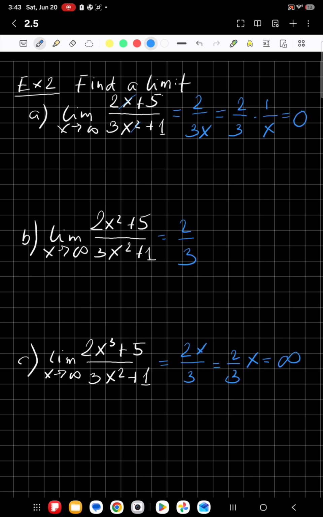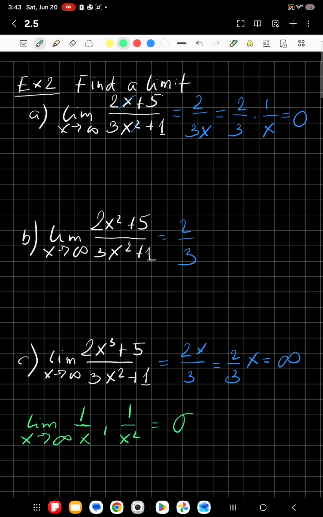Keep in mind, as I showed you a moment ago, that if I have a limit with x approaching infinity, whether I have 1 over x or 1 over x squared, both of them equal 0. I hope you understand: I'm plugging in big numbers in the denominator, so the whole thing gets closer and closer to 0.